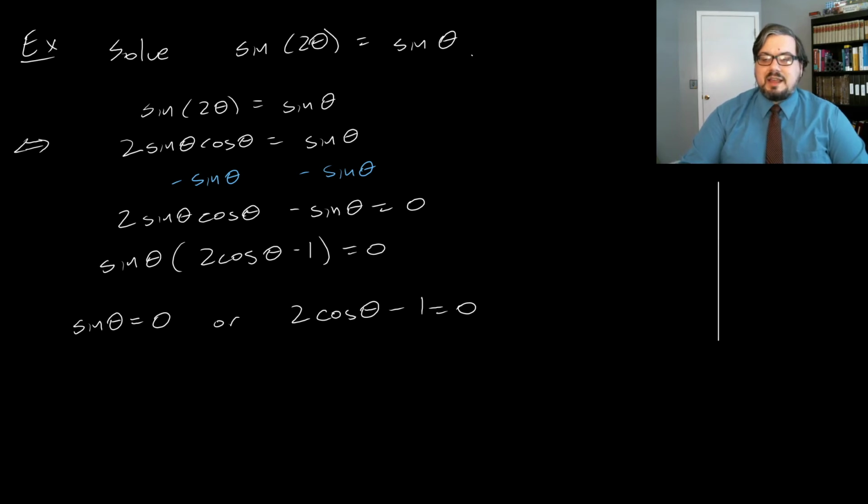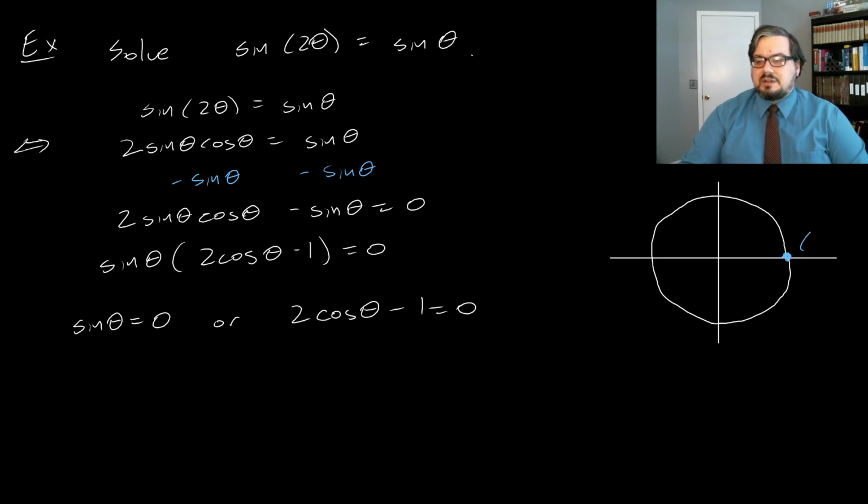So for sine theta equals 0, notice that if we look at the unit circle and we ask, where does sine equal 0? It's going to be at the points (1, 0) and (negative 1, 0), corresponding to angles of 0, pi, 2 pi, 3 pi, but also negative pi, negative 2 pi, negative 3 pi, and so forth.